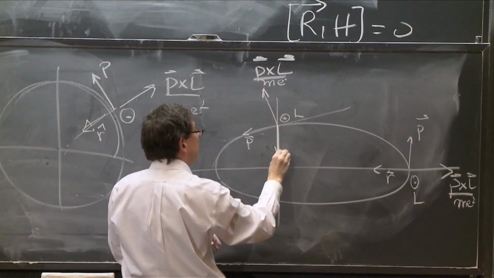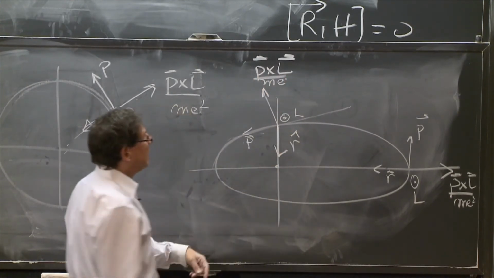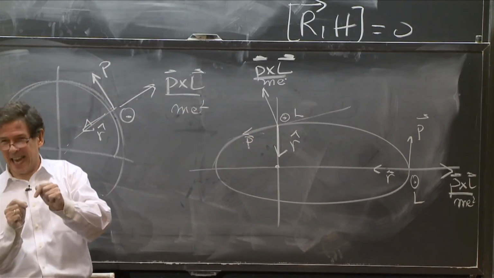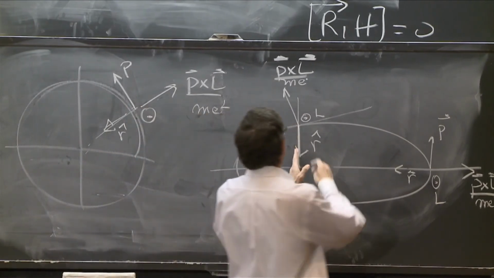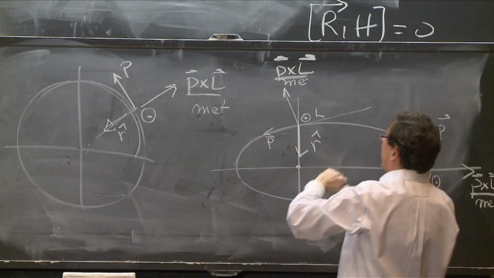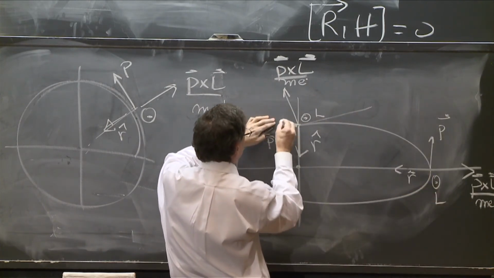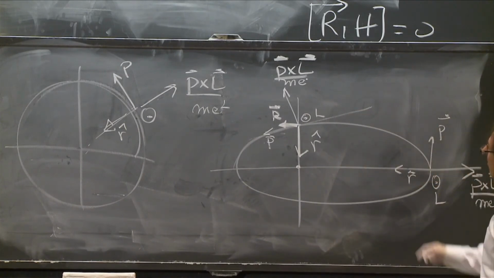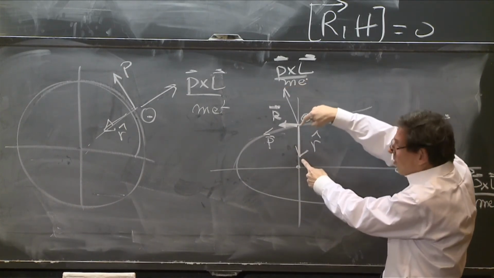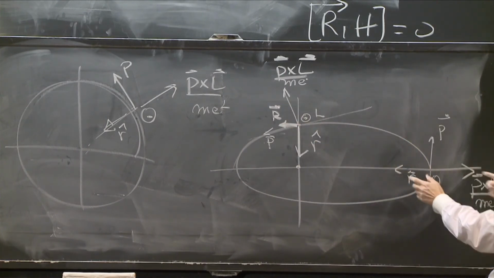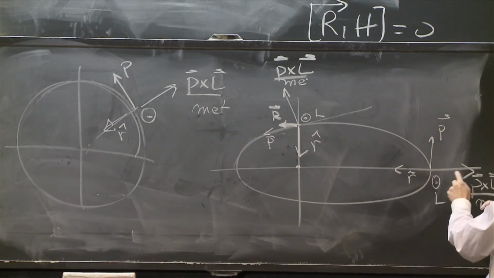And the radial vector is here. And they don't cancel. So the only thing that can happen, since this is vertical and this is a little bit to the left, is that the R vector must be horizontal here. Because the sum of this vector and this vector has to be horizontal. Here we don't know if they cancel, but if they don't cancel, it's definitely horizontal.